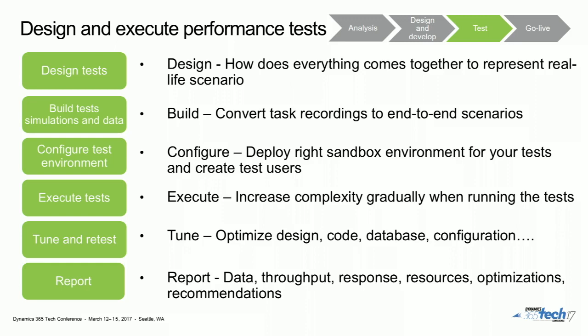So when you are executing the tests, I always start slowly, step by step. I increase the complexity. I start with one scenario, start with one user, gradually increase by tuning all the low-hanging fruits, and then add more and more scenarios and go up.